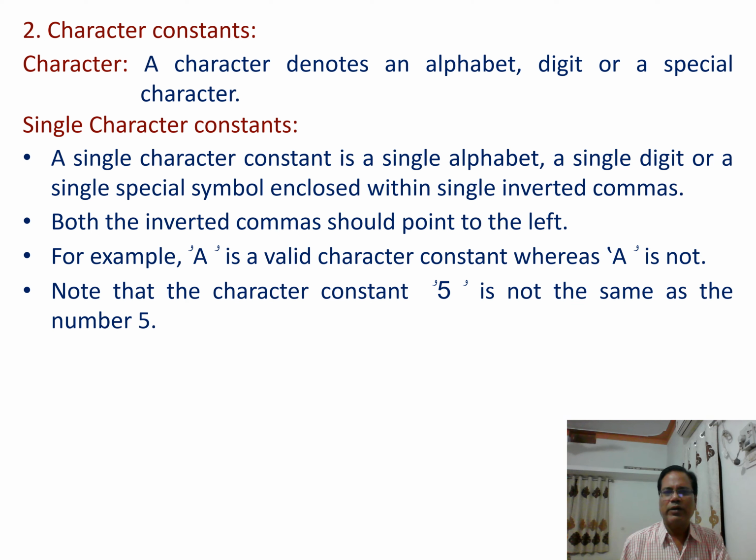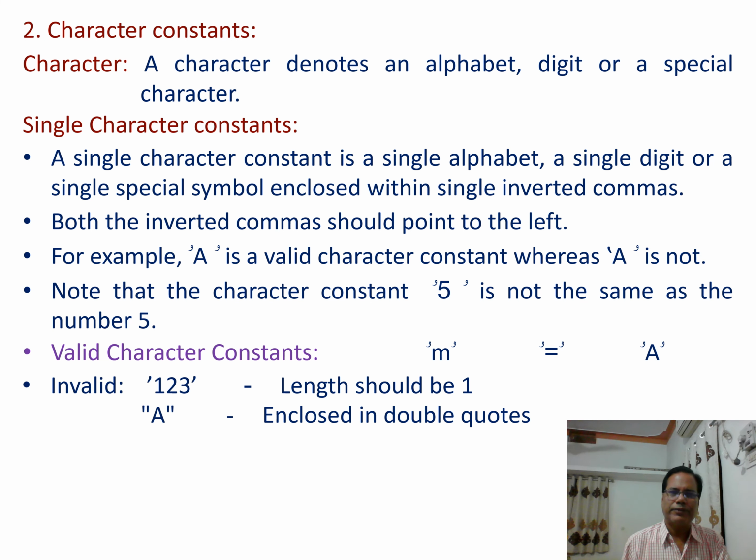Note that the character constant '5', included in single quotation marks, is not the same as the number 5. These are valid character constants, because every symbol, whether M, the equal sign, or capital A, is included in single quotation marks pointing toward the left. Invalid character constant: in the first example, the length should be only 1.